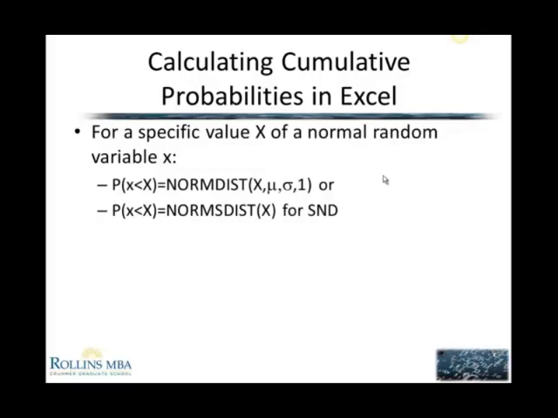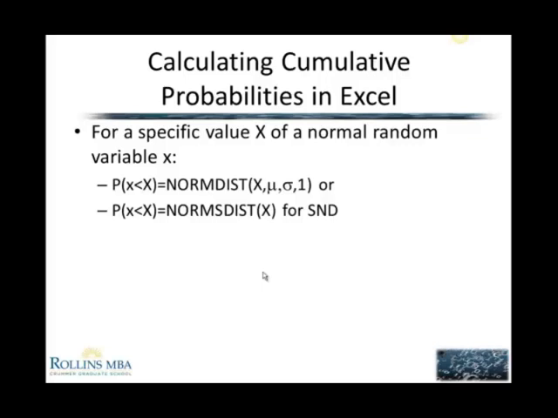And we'll talk about that in just a minute, because that's a very important distinction from the binomial distribution, for example. If we know that we're dealing with the standard normal distribution, so we know that mu equals 0, sigma equals 1, then we can put in 0 and 1 respectively into the NORM.DIST function in Excel, or we can use a new function called NORM.S.DIST. And we put that S in there to imply standard normal distribution. And then we don't need to put in the 0 and the 1 for the mean and standard deviation.